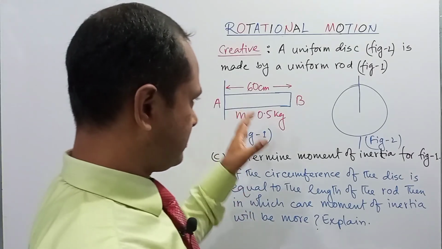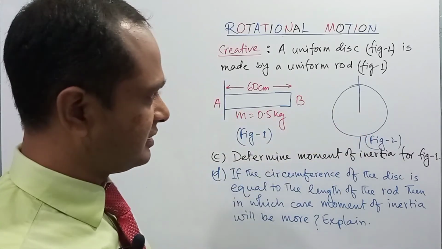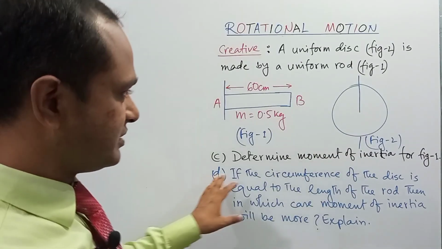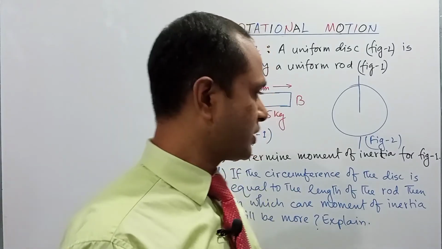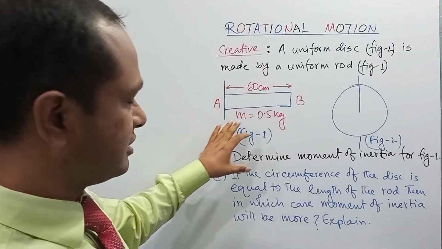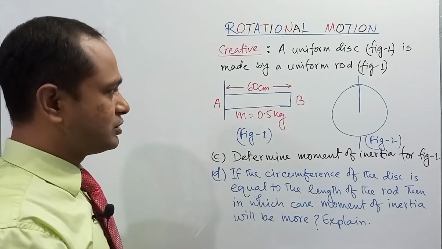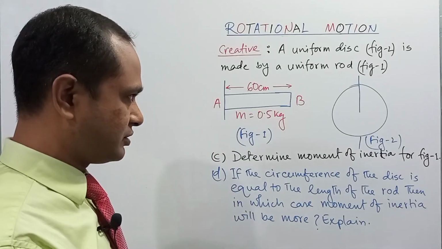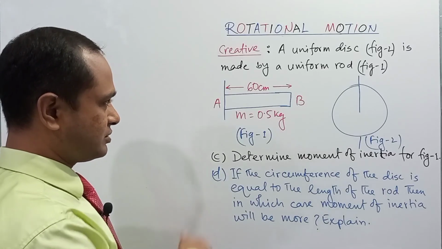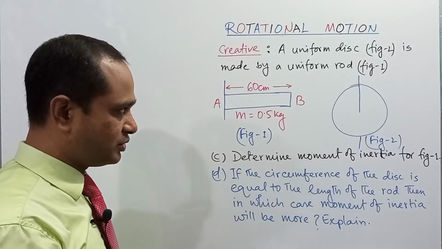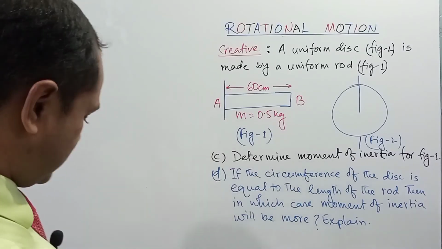We convert the rod into a disc like the figure. Here question C said to determine the moment of inertia for figure 1. Dear student, you know the moment of inertia of a thin uniform rod in which the axis of rotation passes through one end of the rod. So we need to determine the moment of inertia of the rod.